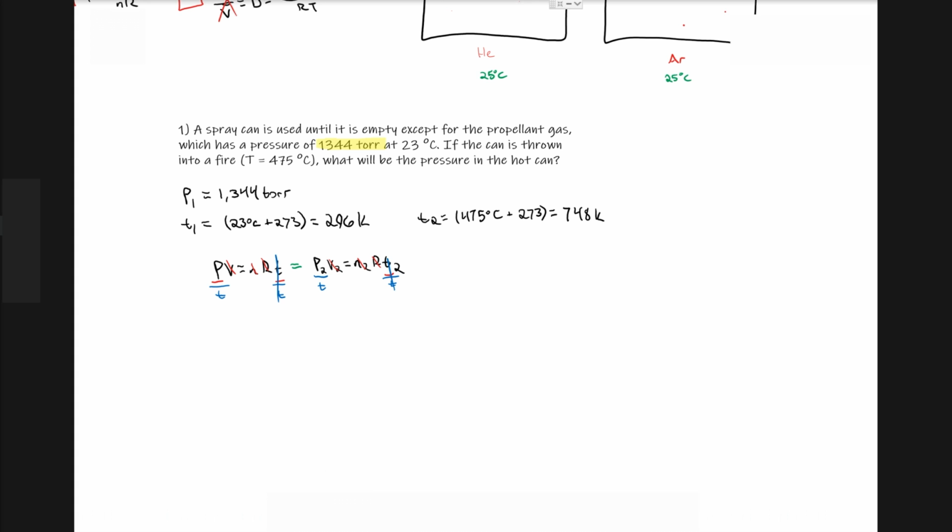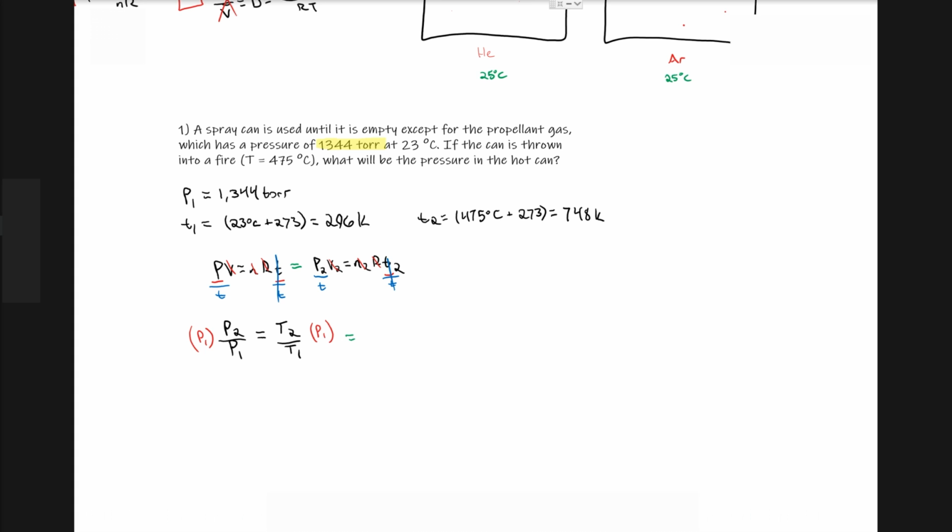But really what this all boils down to is we are going to have P2 over P1 equals T2 over T1. So in order to isolate P2 on one side, all we have to do is multiply both sides by P1.